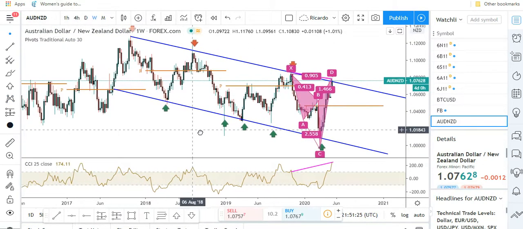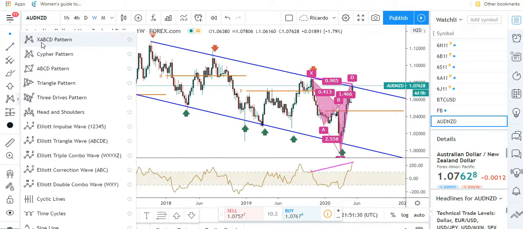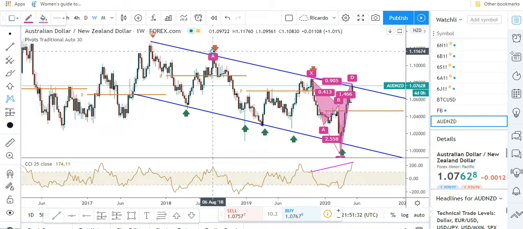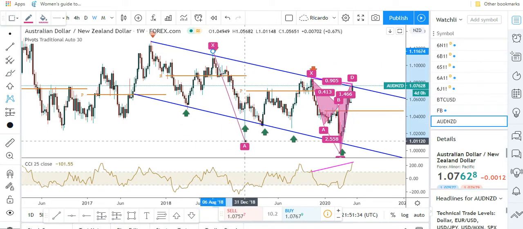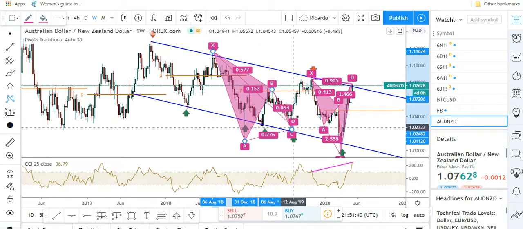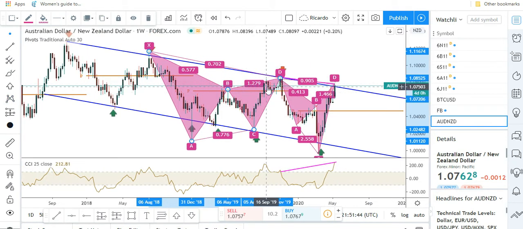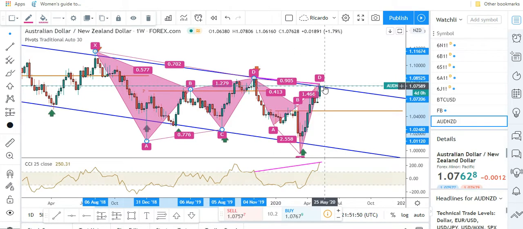This happened again some time ago right here. I'm going to identify it, moving from an X to an A to a B to a C and to a D. When that first one happened, the market fell, and then we are forming another harmonic pattern at resistance.